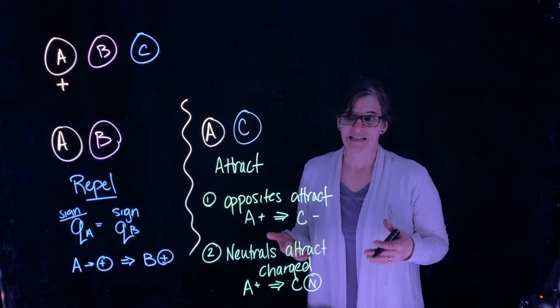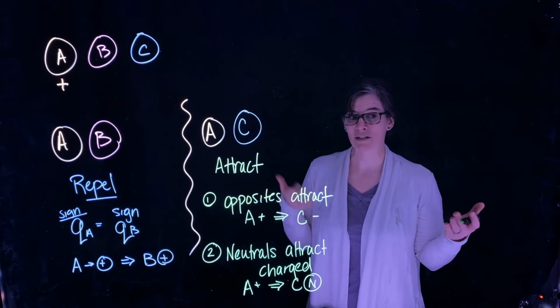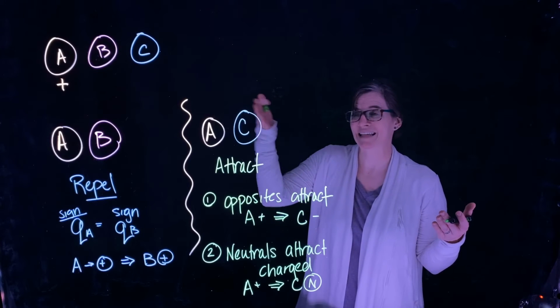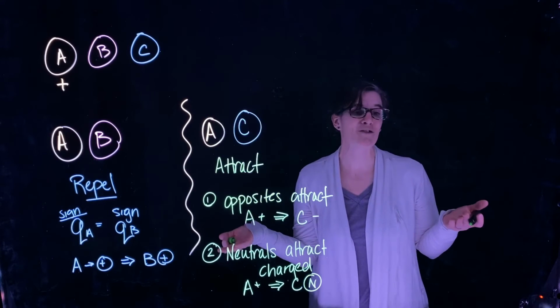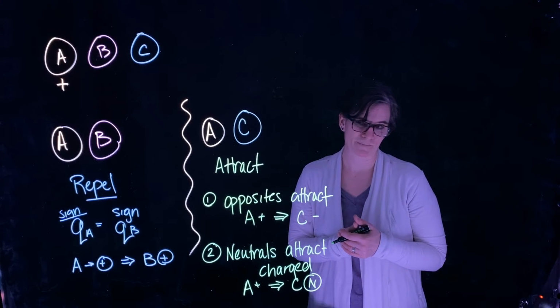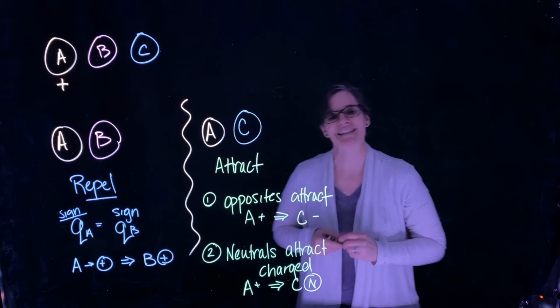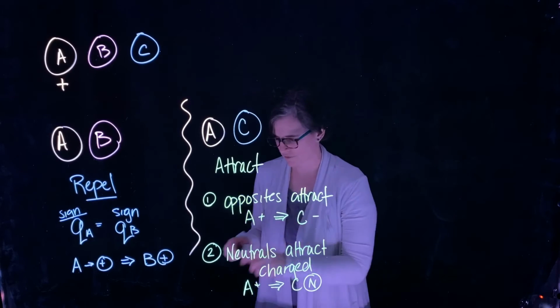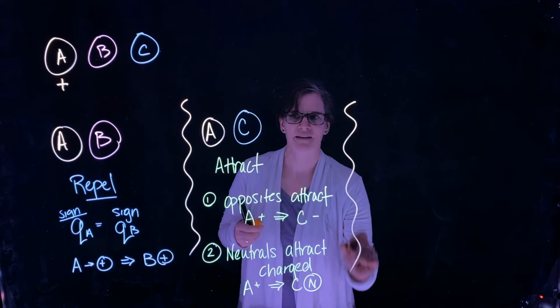Okay, so all I can say about the relative charge states of these three particles is that A is positive, B is positive, and C is either negative or neutral. Now, if I bring B next to C, what would happen? Does that help delineate any more information about object C?